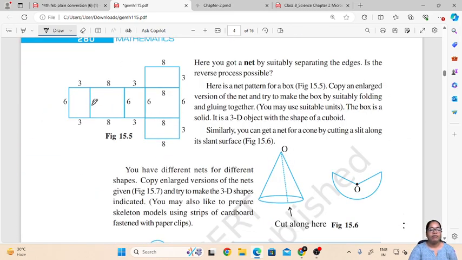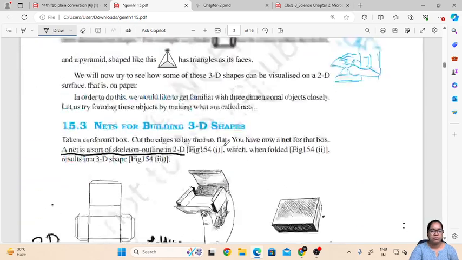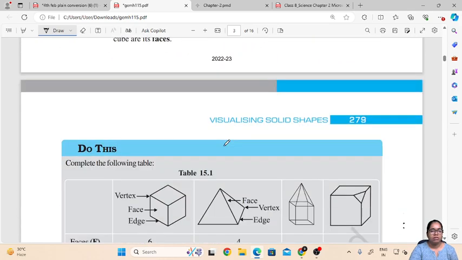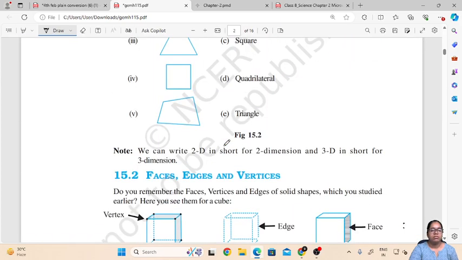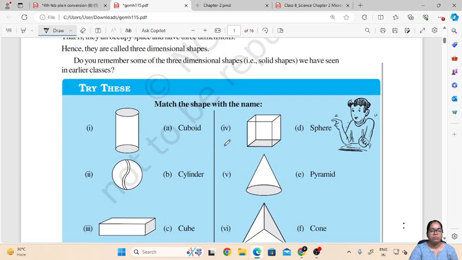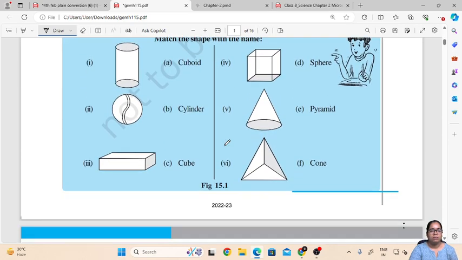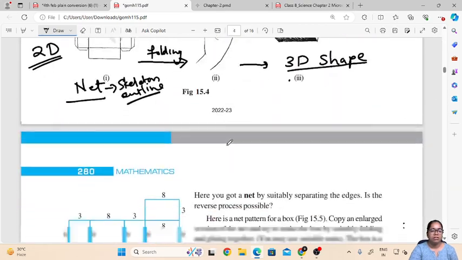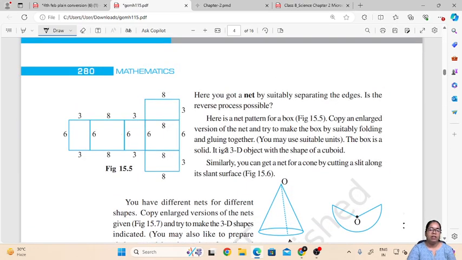So this is how, if you start from 6 and then you start folding it, what you will get over here is a rectangle, a shape, that is a rectangle, which you will fold, and what you will get is a 3D shape, that is a cuboid. So this is how folding this net works.